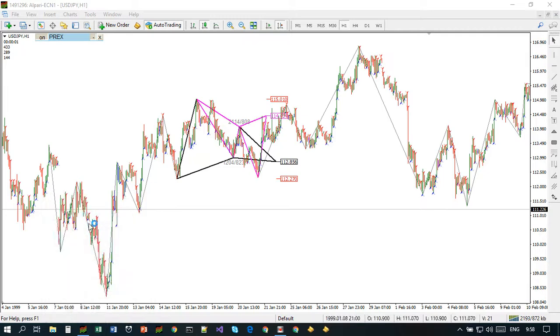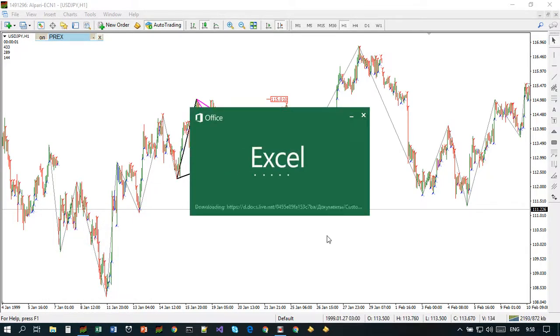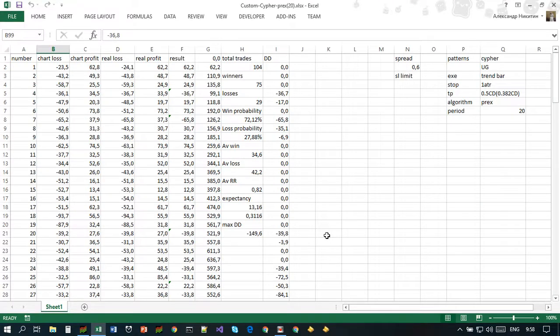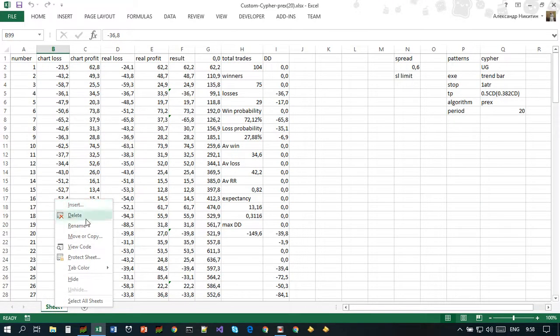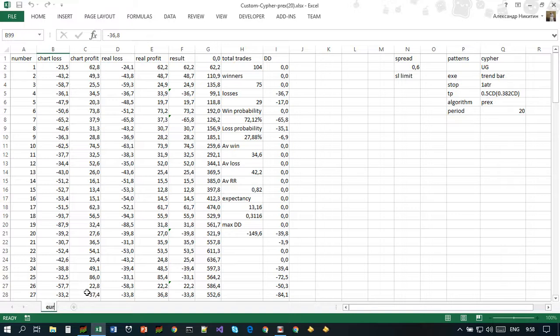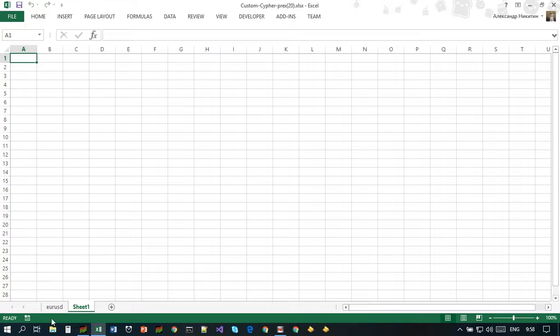Well, let me then go to my Excel spreadsheet and create a sheet for that dollar yen. I will rename it JPY.